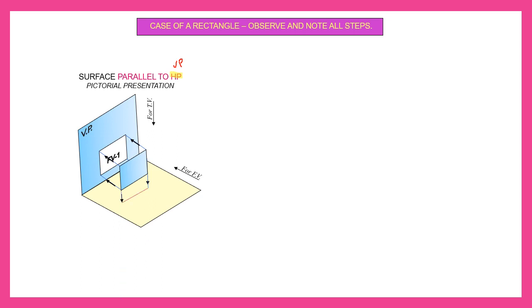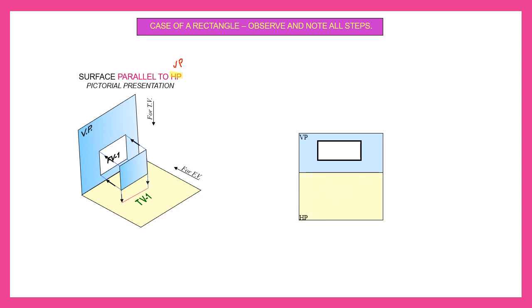In your front view you will get the rectangle as per the given dimension, and then the top view will be a line. So you need to project the edge corners of the rectangle. A dash and C dash will be projected downwards so that I get the top view. So this is the second case, the surface parallel to VP.